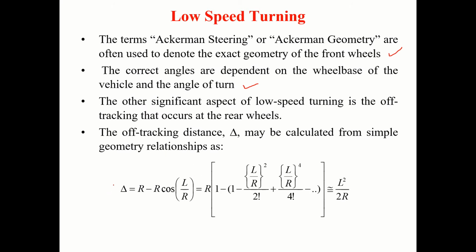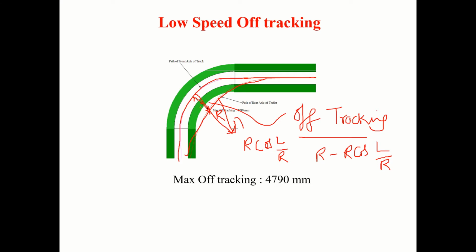So delta is R minus R cos L by R. Let us expand this using cos series. R times 1 minus the expansion of cos series. Let us ignore higher order terms. Then approximately delta is equal to L squared by 2R.